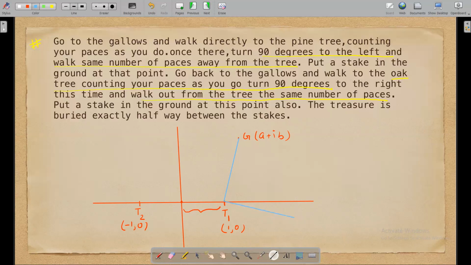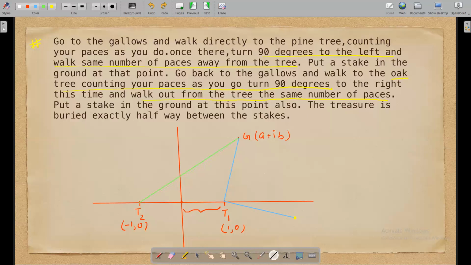So after walking the equal number of steps, you will reach here. Put a stake over here. Now going back to the gallows and following the same thing for the second tree. So again, from the gallows, we have to move towards the second tree, T2, the oak tree. So move towards the oak tree.